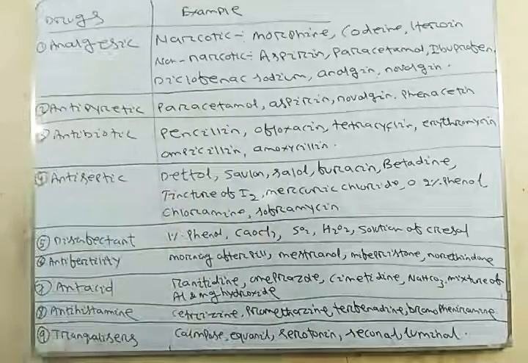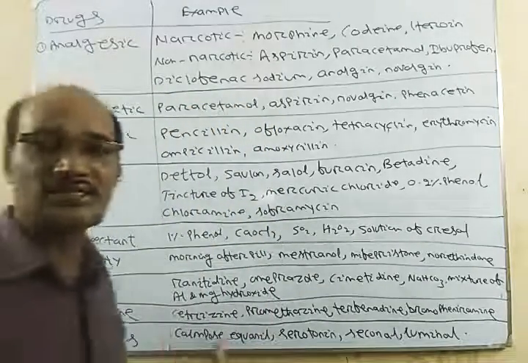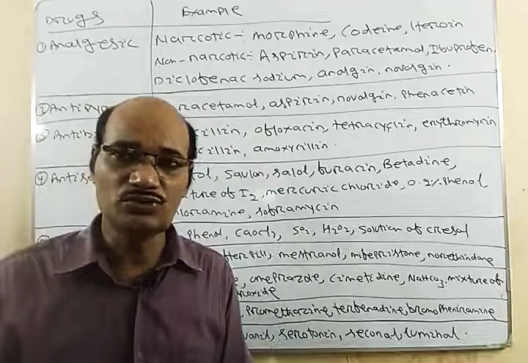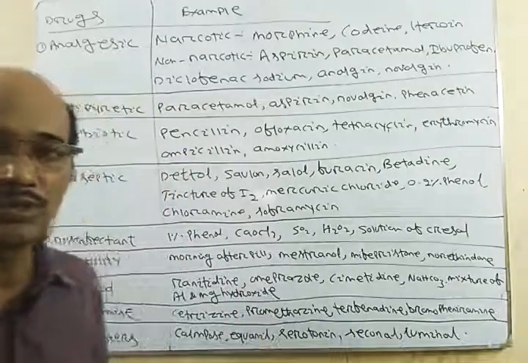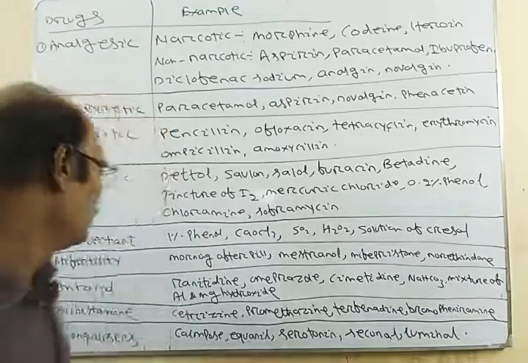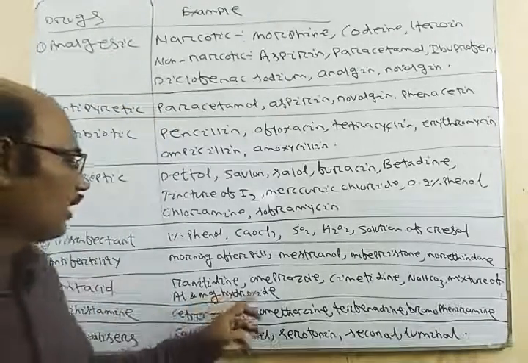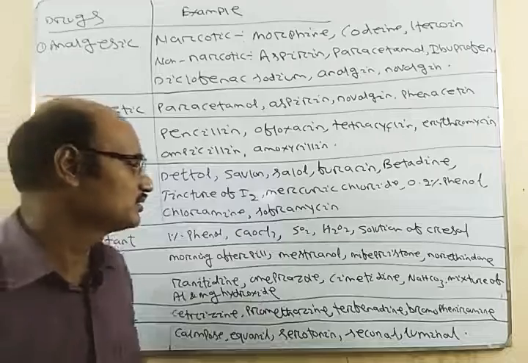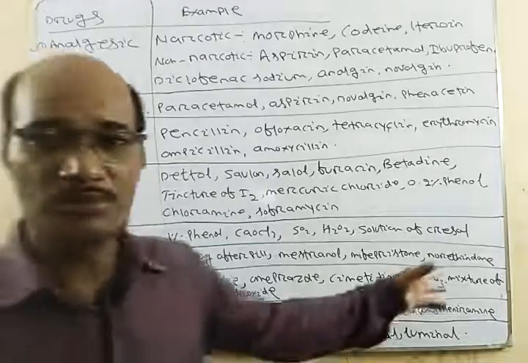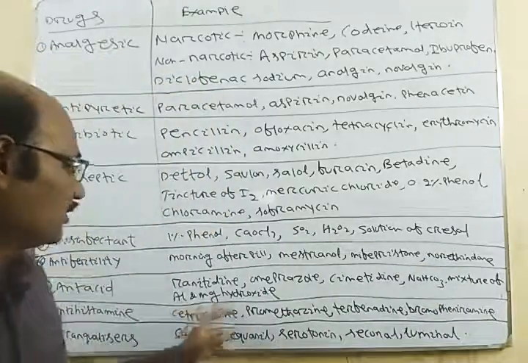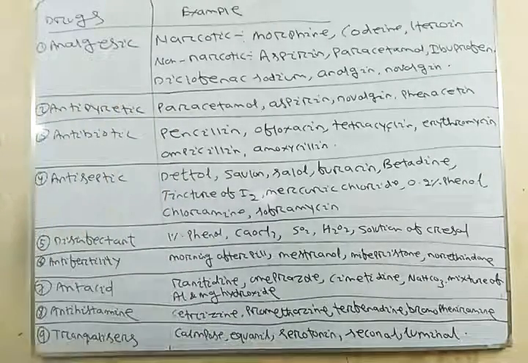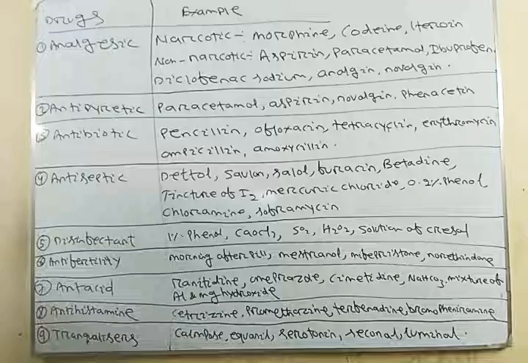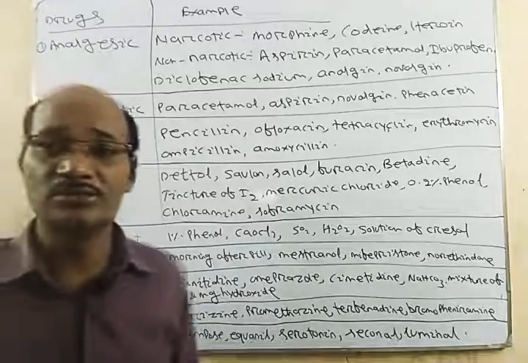Now antacids. Antacids are the medicines used to check the release of acids in the gastric juice, to control hyperacidity. Ranitidine, omeprazole, cimetidine, sodium bicarbonate, and a mixture of sodium, magnesium, and aluminum hydroxides are the different kinds of antacids. Similarly, antihistamines are against allergies.